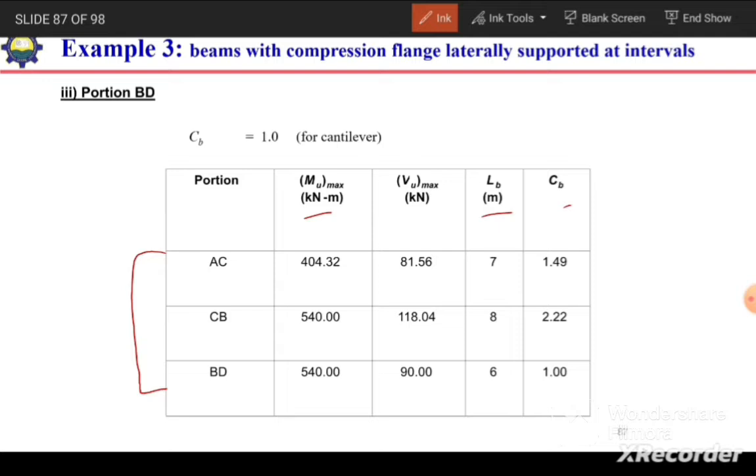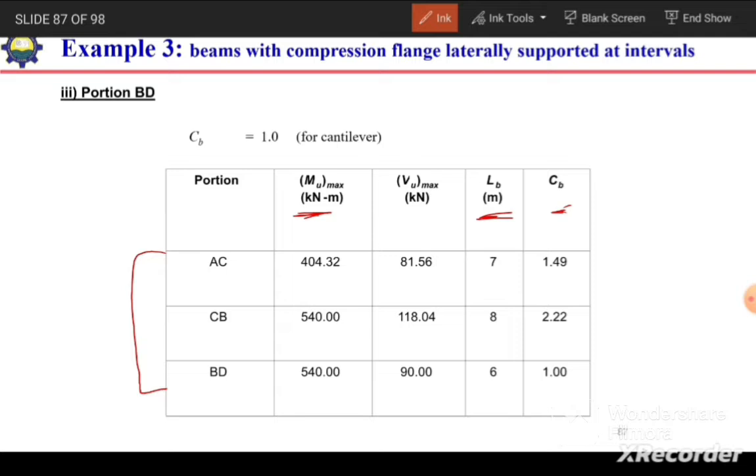First we will design our beam for this most critical segment, and then we will check the other segments. We can decide this based on three criteria: MU, LB, and CB. If MU is larger, the section will be more critical.